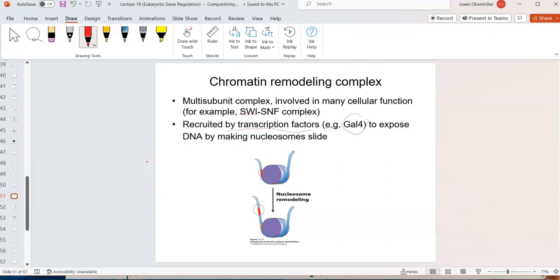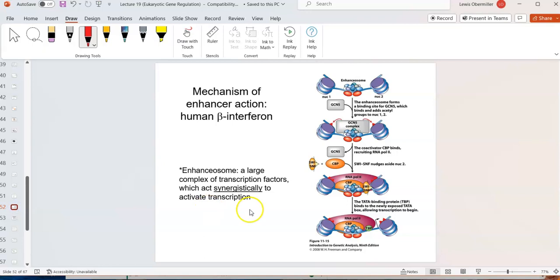But if we physically move the nucleosome over, now the promoter is exposed and the RNA polymerase can bind to it, and the RNA polymerase can push these out of the way. But it's never going to bind unless the promoter regions are such that transcription factors can find and bind to those DNA sequences, those cis elements.